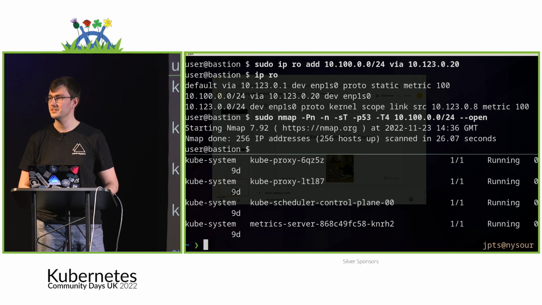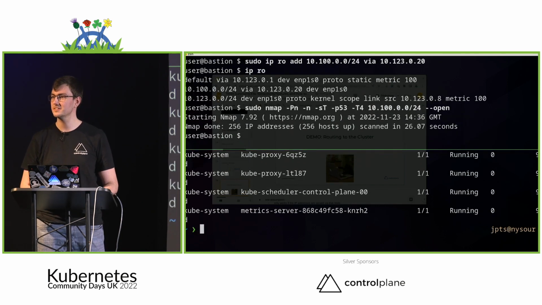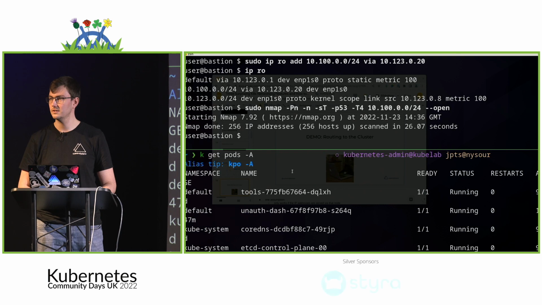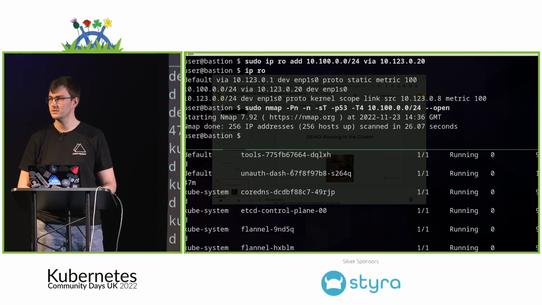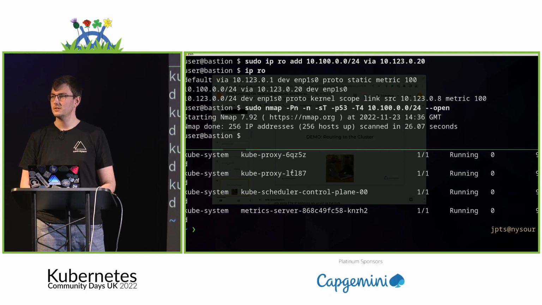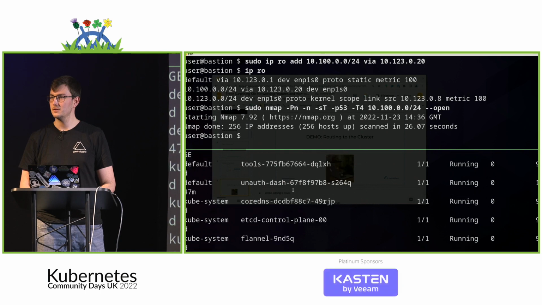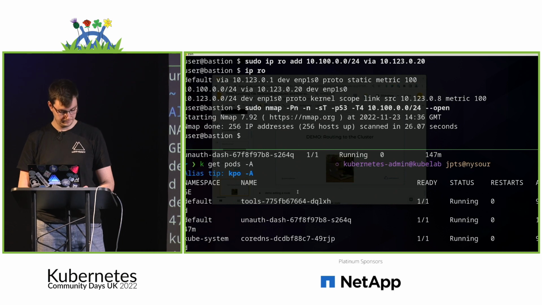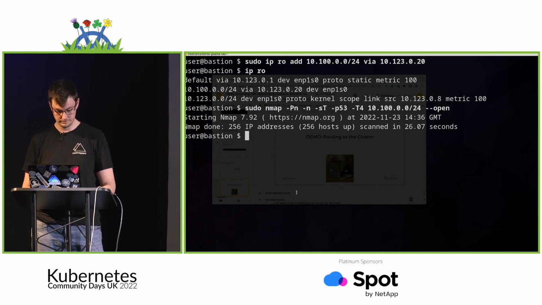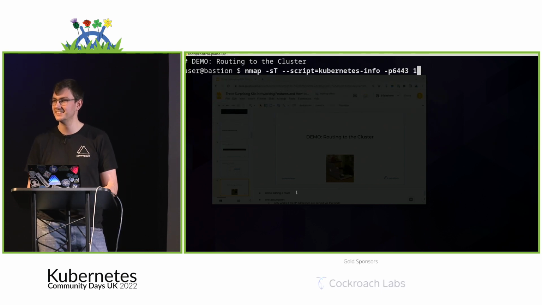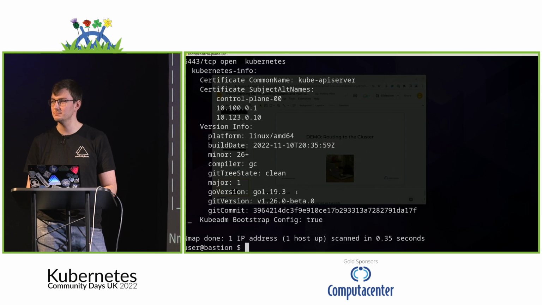Slightly peeling back the curtain here so you can see what's running underneath the hood for this demo. I'm not 100% sure that didn't work, so I'm just going to try that again. If anyone wants to make a small sacrifice in the meantime, please do.